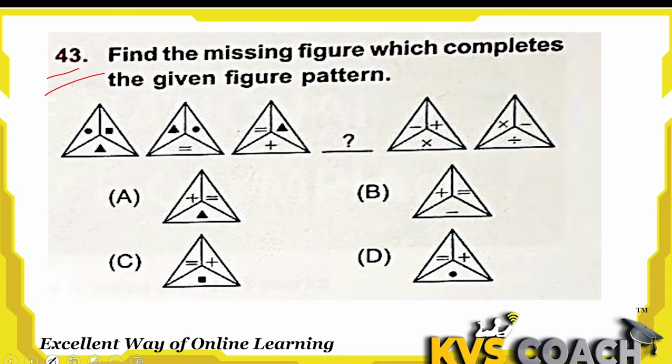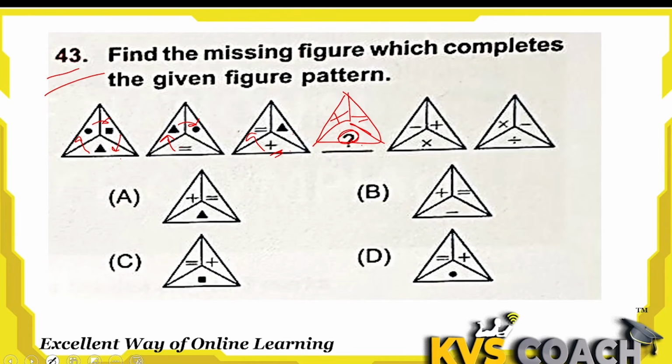Question 43 is find the missing figure to complete the given figure pattern. So you can see that this is here and this is here, and now this is a new figure. Triangle is here now in the second figure, and now in the third figure you can see that equal is here, a step forward, and this is a step forward here, triangle, but in the bottom there is again a new figure. So next in this will be here. In this figure you can see that addition will be here and equal will be here, and there will be a new figure.